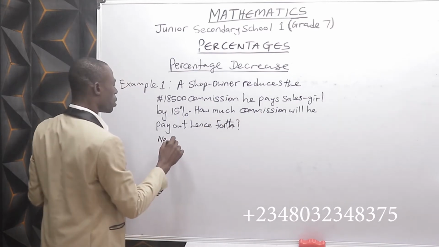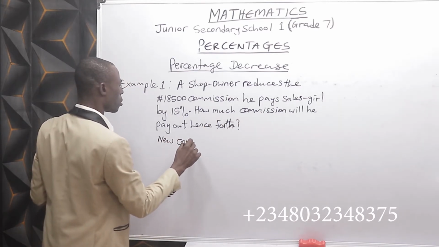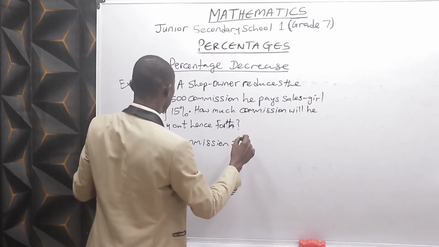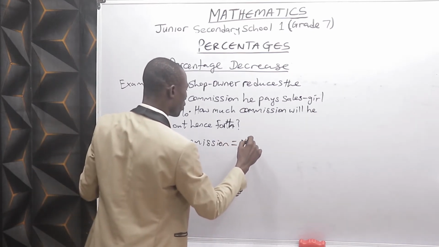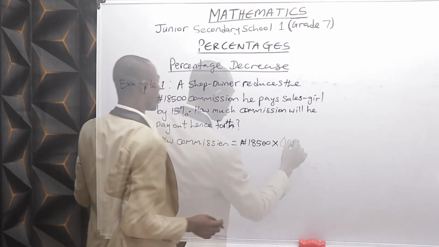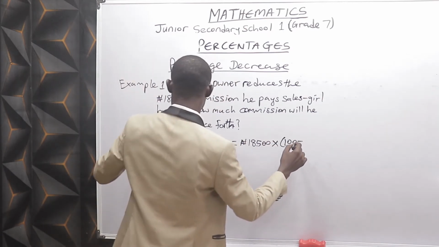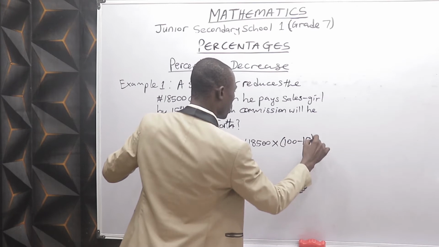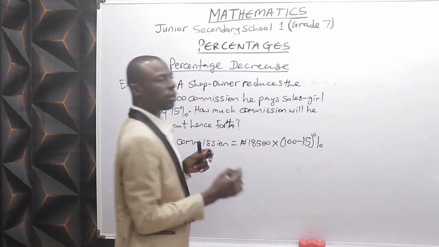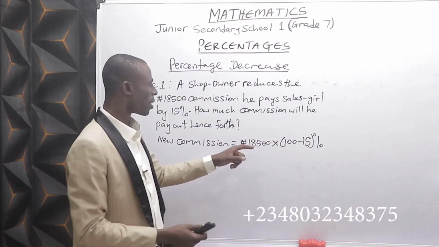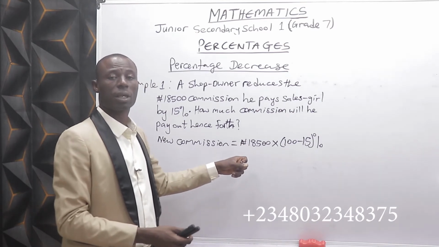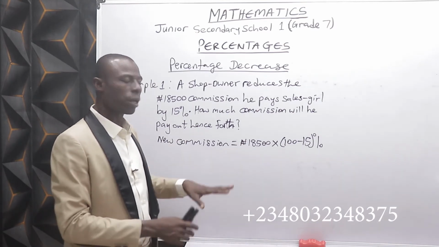So the new commission will be 18,500 naira times 100 minus 15. Since it is percentage decrease, the percentage of that amount will be reduced from the normal 100.